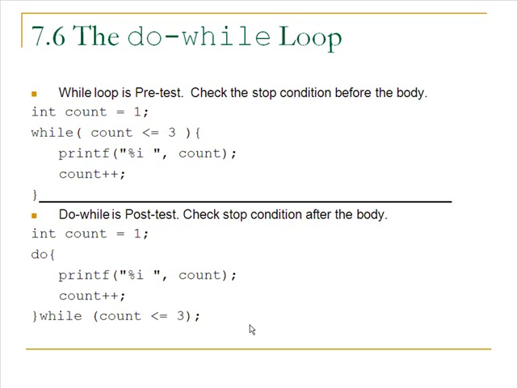I think it's because the do-while loop is just not how we think. We think more in the way that the while loop works, testing whether or not to do something and then do it, as opposed to doing something and then testing whether we should do it again. So there's the do-while loop. Probably we won't use it very much.